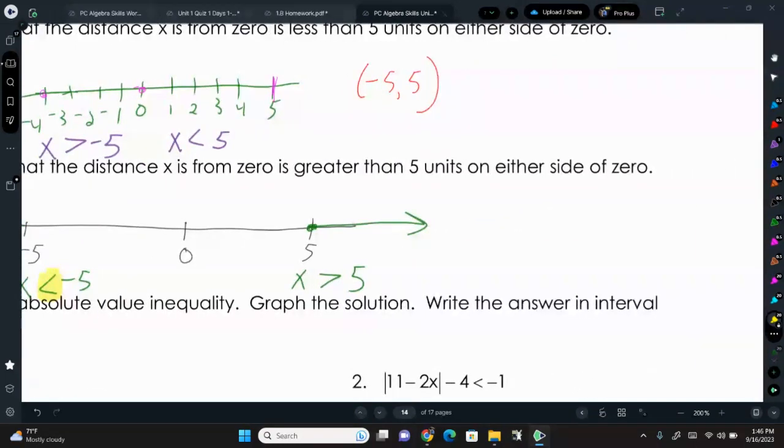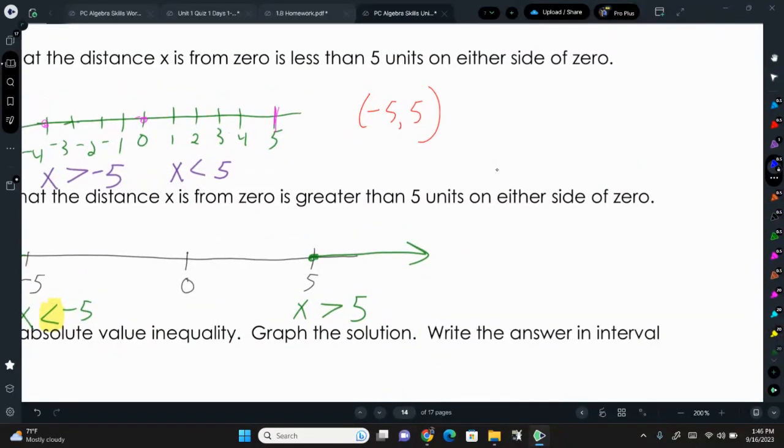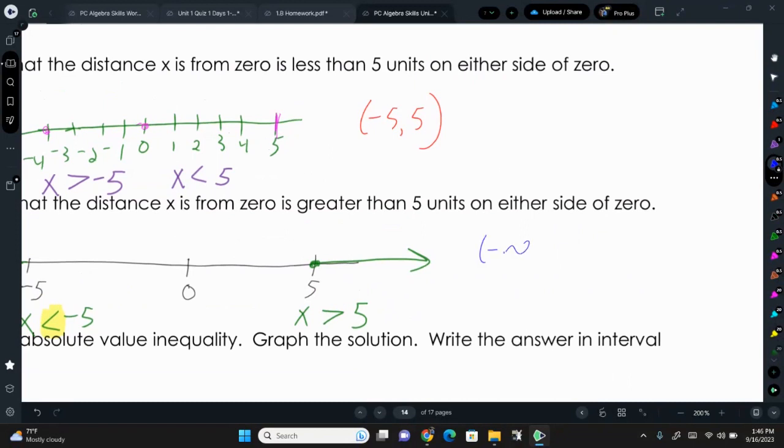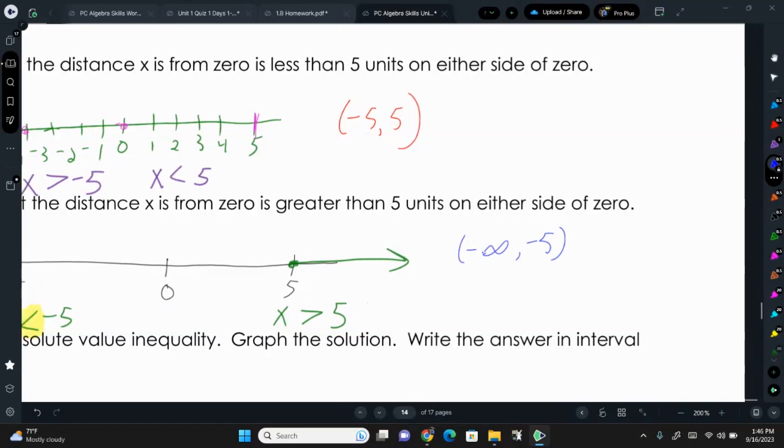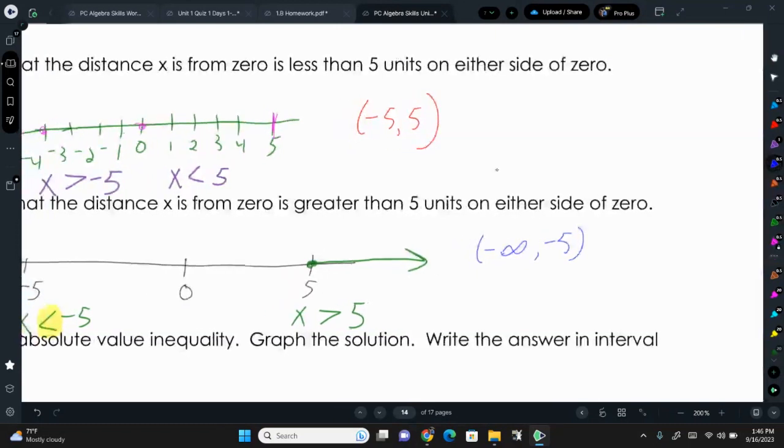So our solution is going to be -infinity, -5, and the way we write and in symbols is this U, which stands for union, 5 to infinity. So this means and. So our solutions are from -infinity to -5 and 5 to +infinity.